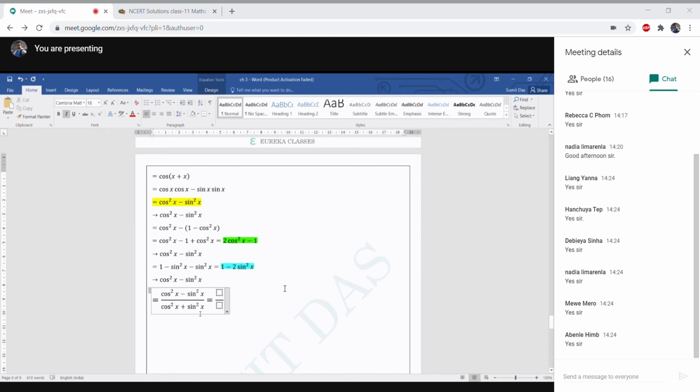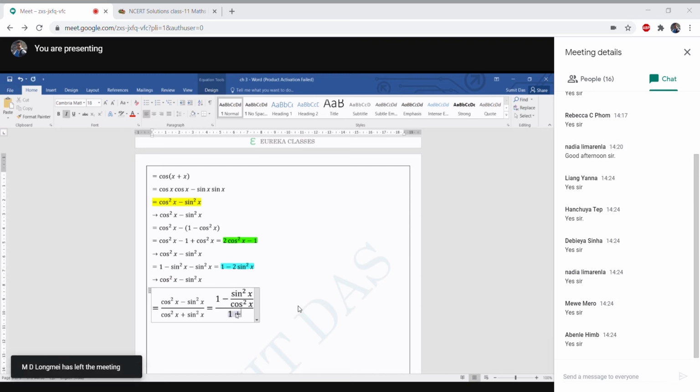I'll divide both numerator and denominator by cos square x. So it will be sin square x divided by cos square x. Okay, I'll divide both numerator and denominator with cos square x.